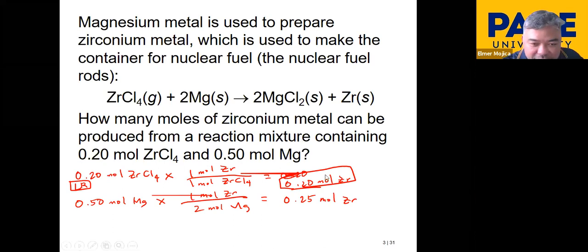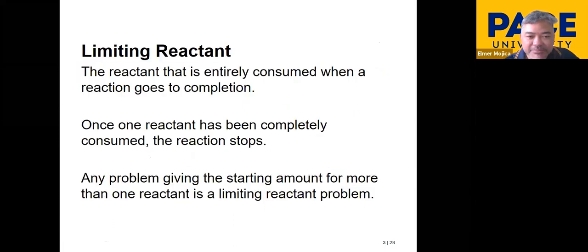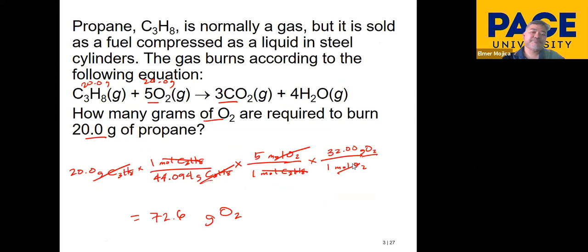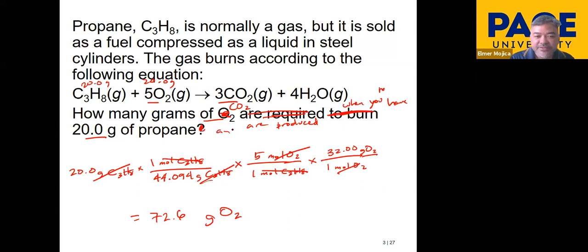Now, what if we use it in this problem? Let's say we restate it: how many grams of CO2 are produced when you have 20 grams of propene and 20 grams of oxygen?